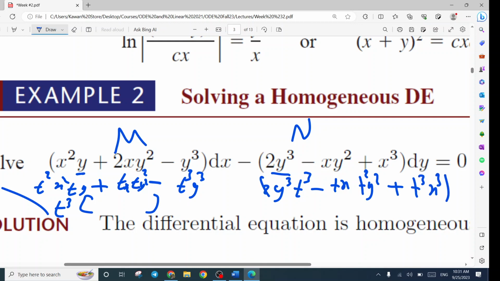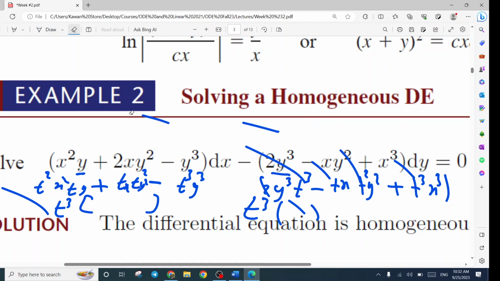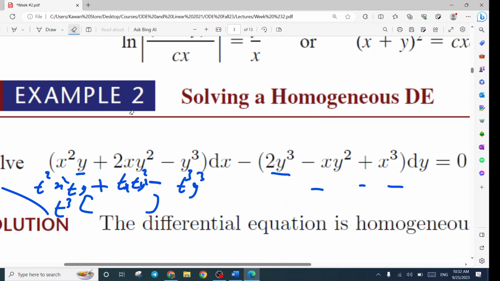Can I bring out the t as a common? Yes, t cube. Both are homogeneous, so it is homogeneous of degree 3. That is one step, and you check it.